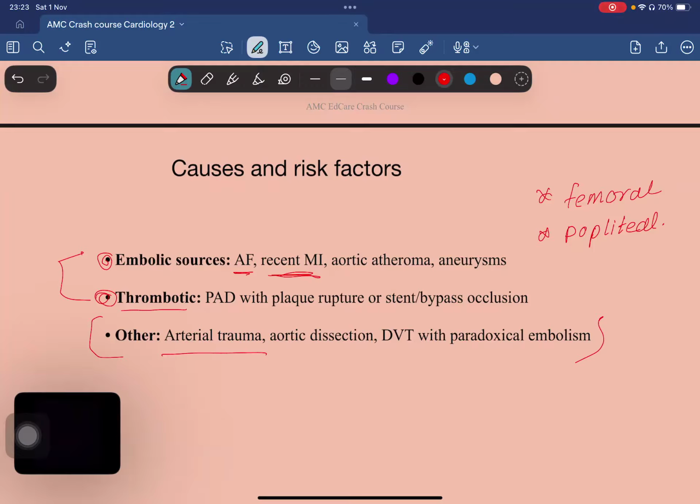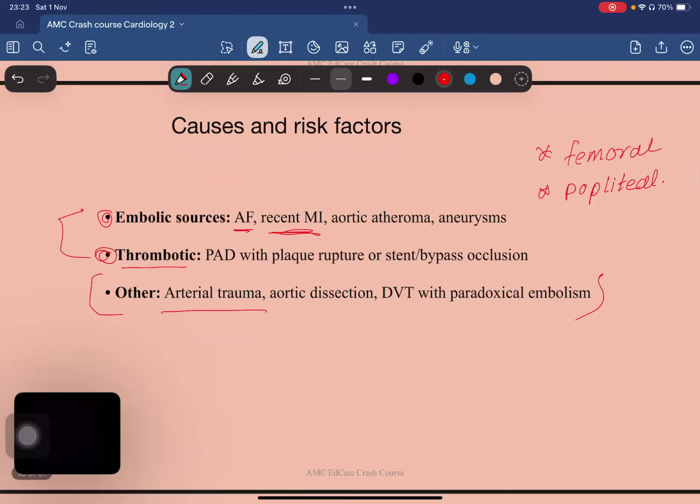And one thing we should really remember is that when you suspect acute limb ischemia, always consider cardiac sources. It's always better to do an ECG to check for atrial fibrillation. ECG is a very important point.